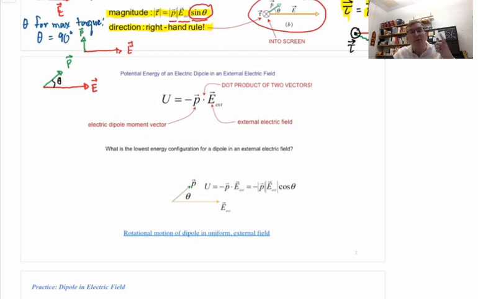And if I have to do work on the dipole, much like I have to do work to stretch a spring, this system is gaining what we call potential energy. Remember stretched springs? Same kind of idea.